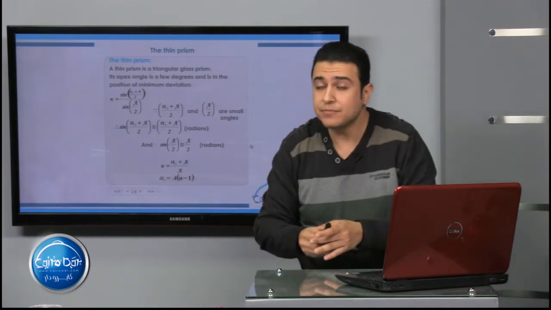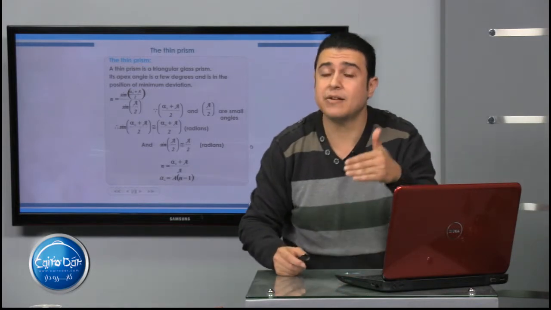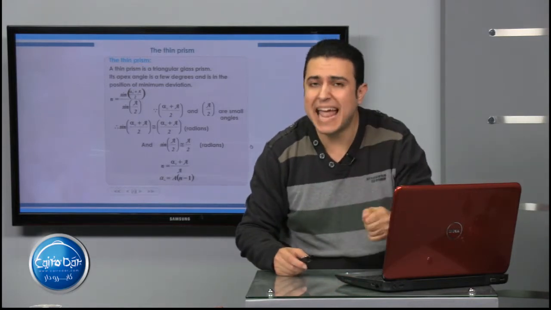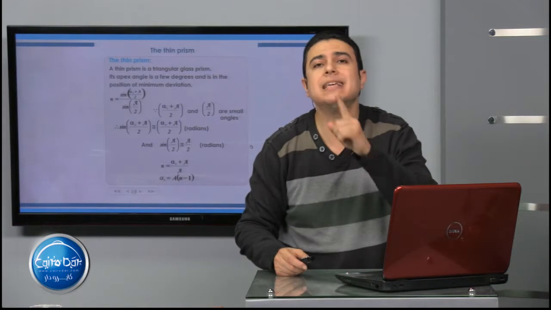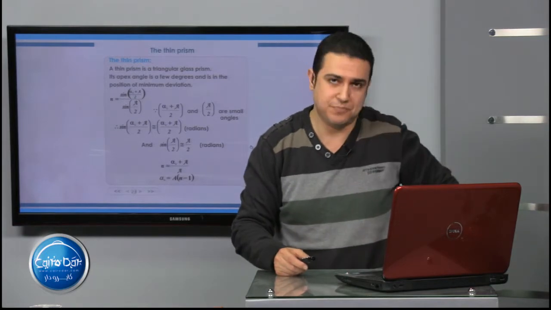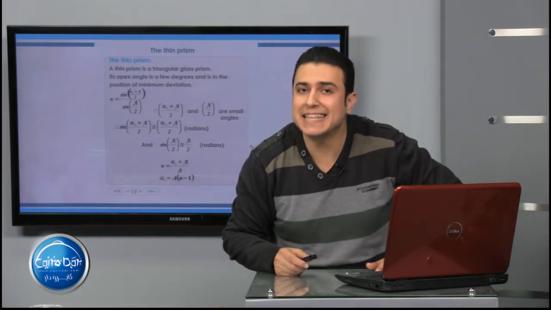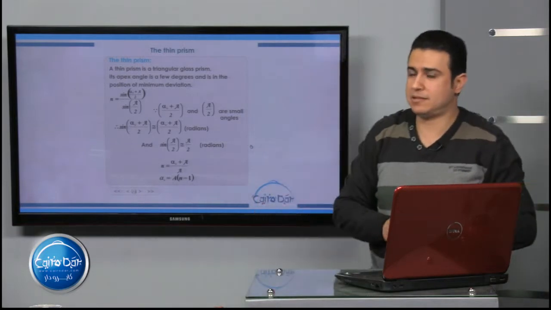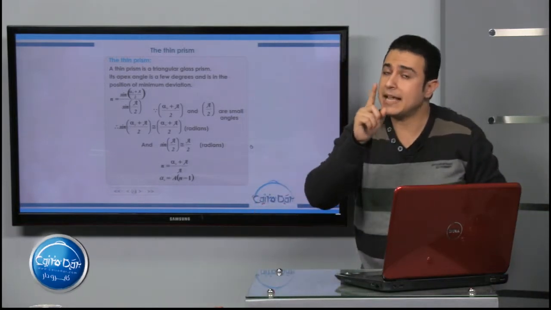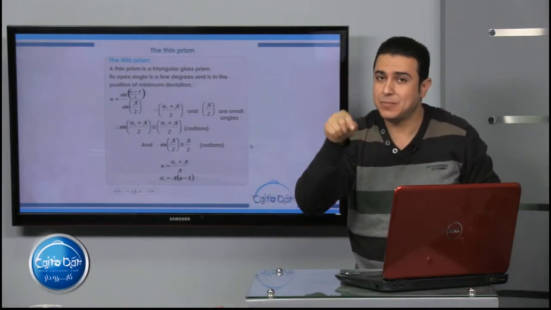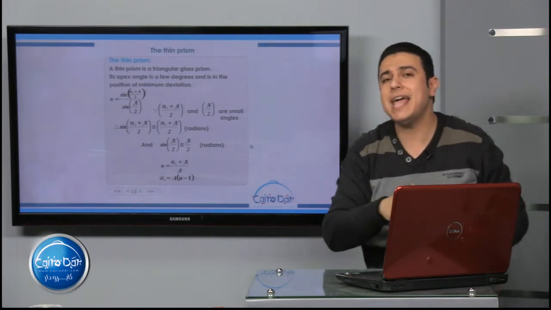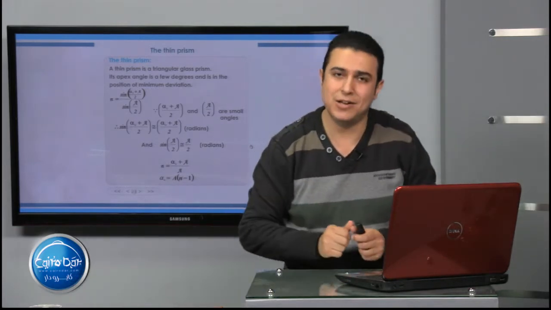This is the relation used for calculating the angle of minimum deviation in the case of the thin prism.